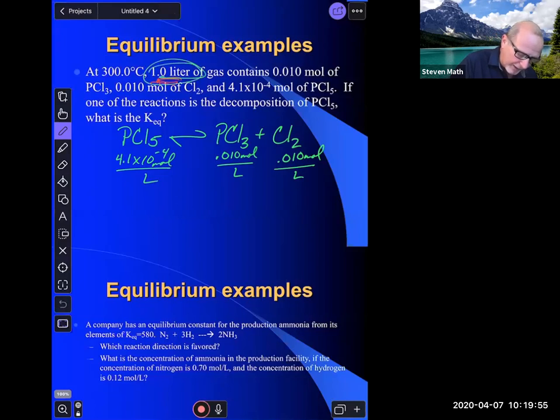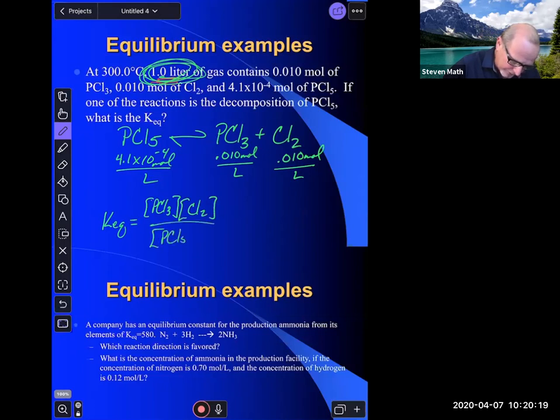This is all possible because I've got a 1 liter container. So it wants to know what's the KEQ. The KEQ is going to be equal to the concentration of PCl3 to the first times Cl2 to the first over PCl5. No coefficients, so no exponents here.